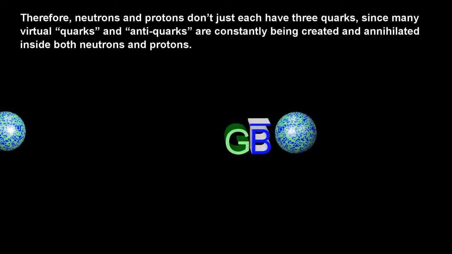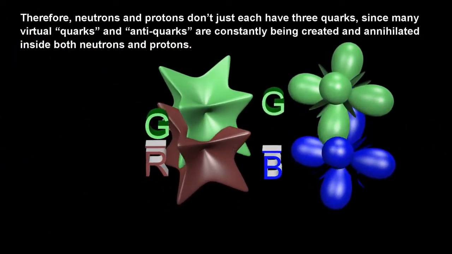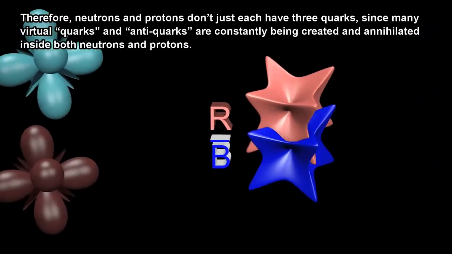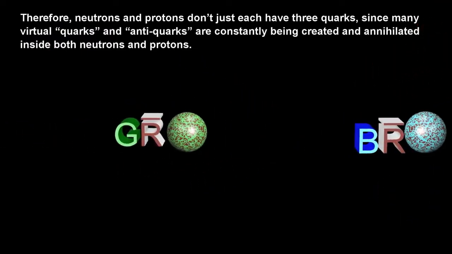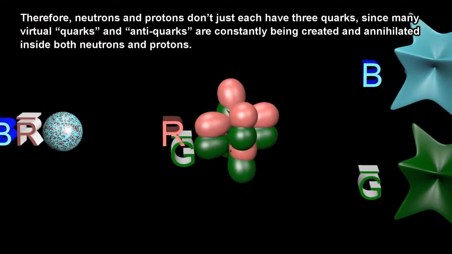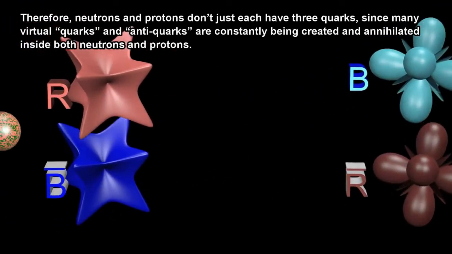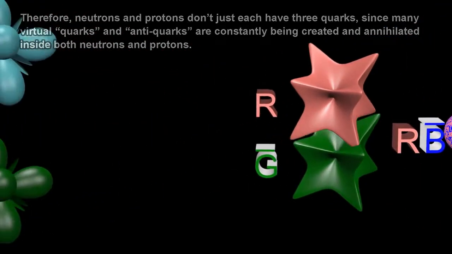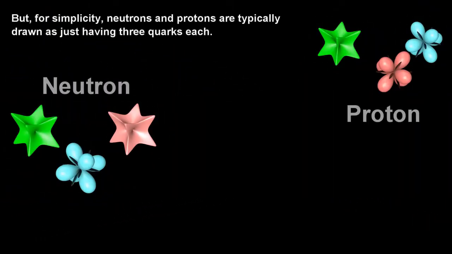Therefore, neutrons and protons don't just each have 3 quarks, since many virtual quarks and antiquarks are constantly being created and annihilated inside both neutrons and protons. But for simplicity, neutrons and protons are typically drawn as just having 3 quarks each.